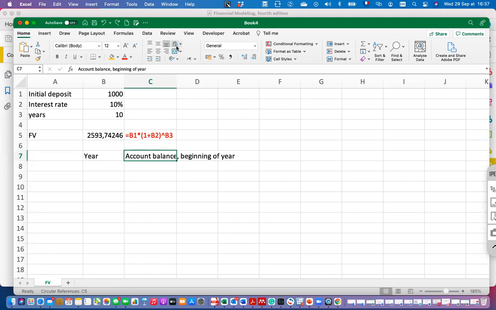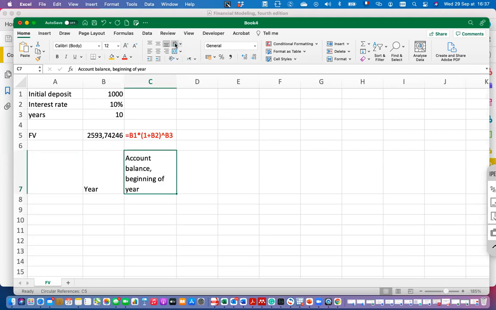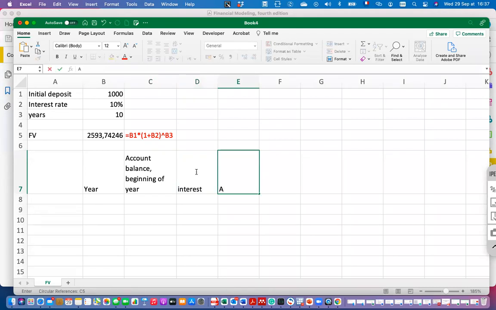Just click on it, and automatically the text will be wrapped. Then you have the interest, then the account balance by end of year.